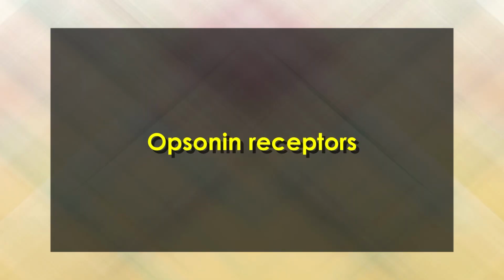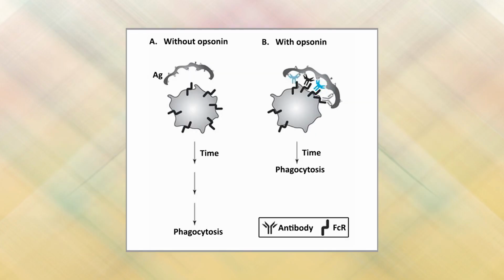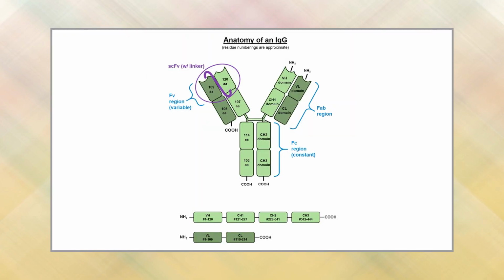The cell surface receptors used for phagocytosis depend on the type of cell that is doing the phagocytizing. These are the most common ones. First one is opsonin receptors. Opsonin receptors are used to bind bacteria or other particles that have been coated with immunoglobulin G antibodies by the immune system.